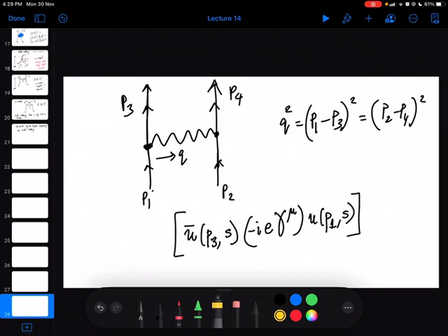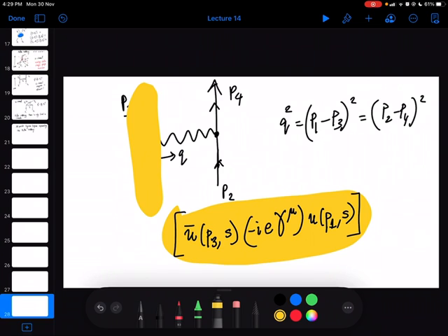Let me see if I can color it with something. Okay, so this part comes from this leg.